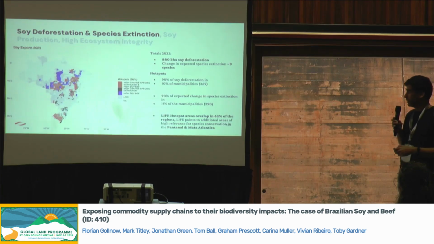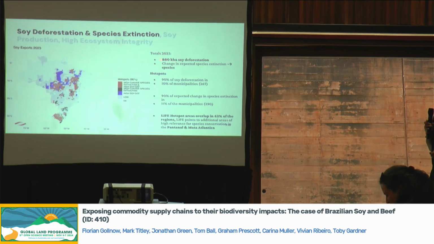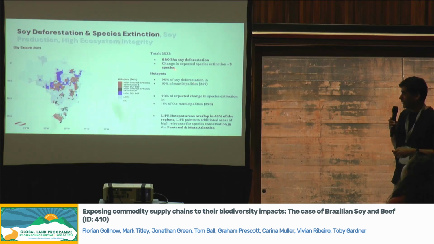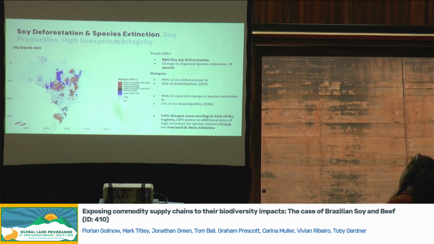When we look at the total soil deforestation, it's around 880,000 hectares in 2023, which results in a change in expected species extinctions based on the LIFE data of 9 species. We wanted to look a little bit at the hotspots and how those patterns change.